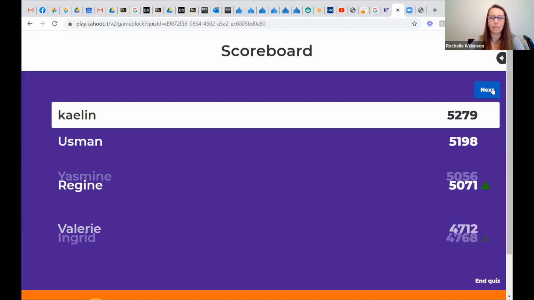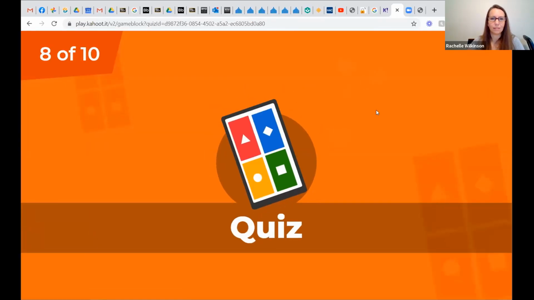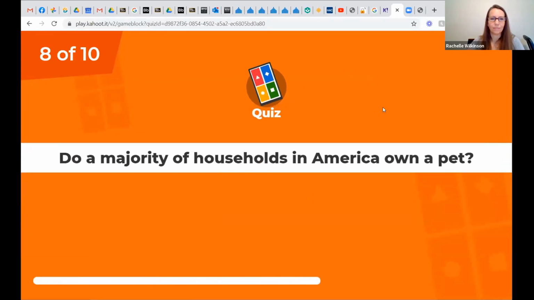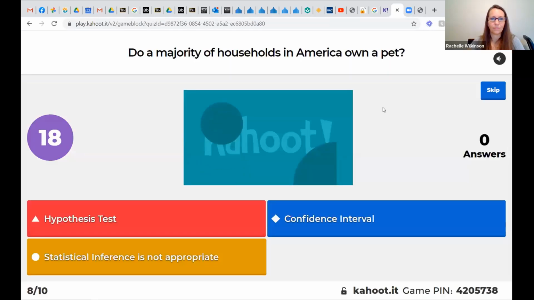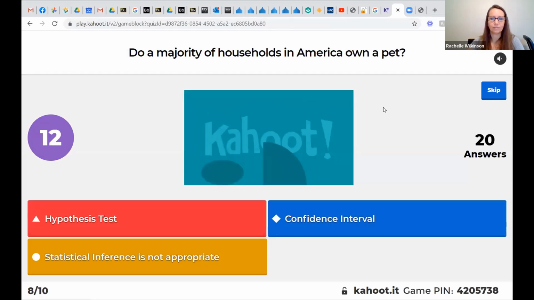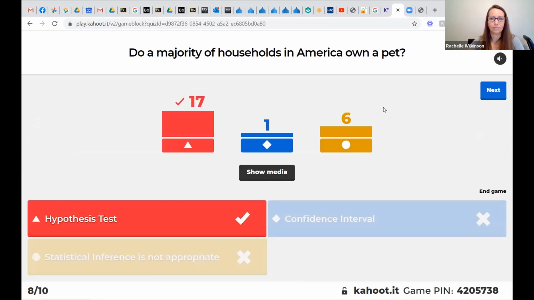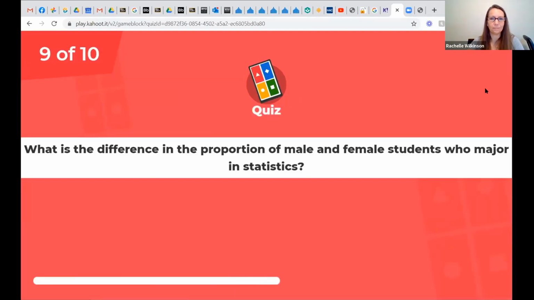The answer to that would be a number. Good job again. Okay, so do a majority of households in America own a pet? So your answer would be yes or no. So that's a word answer. So we're going to do a hypothesis test.